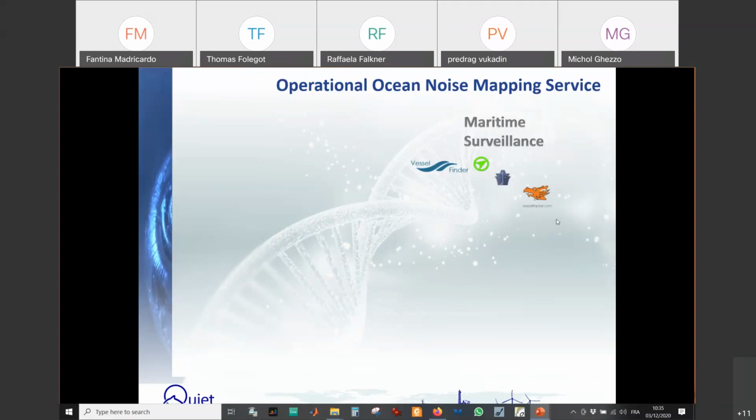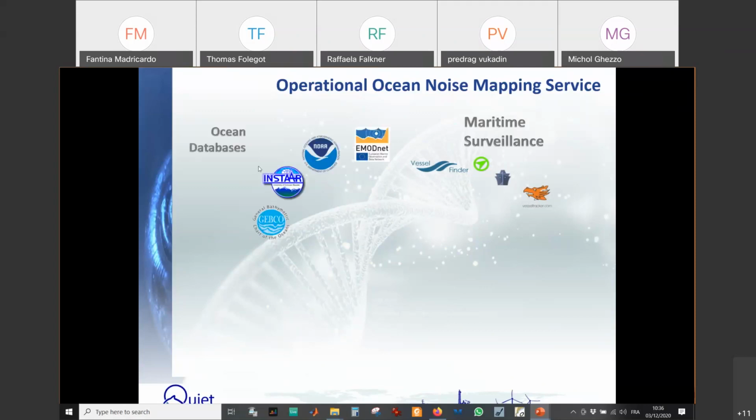Most of them are based on AIS data, or you have another system called VMS, which is really used by fishing vessels. They give you where your sound sources are located, when and where, the type of the vessel, the speed of the vessel, the length of the vessel, that will play a role in assessing how much noise they introduce in the marine environment.